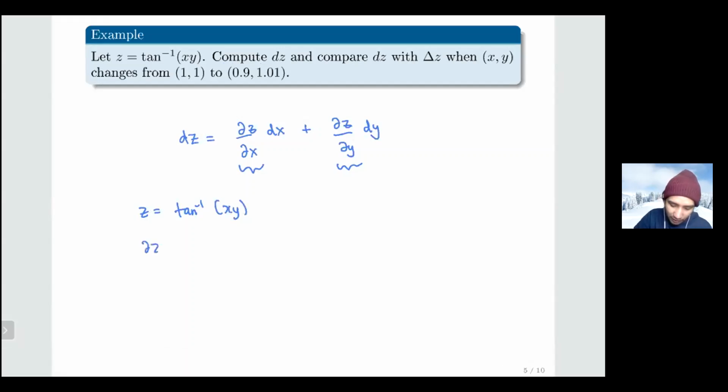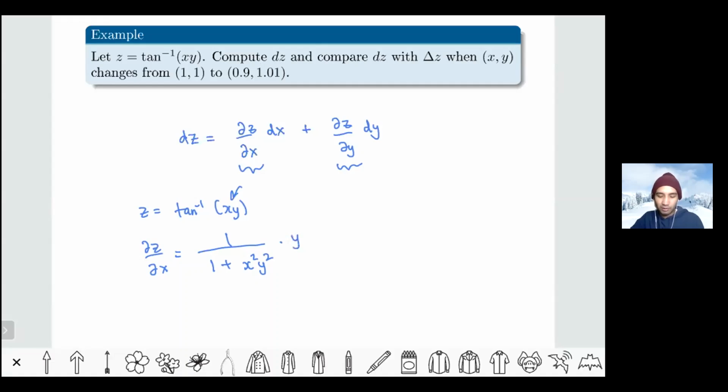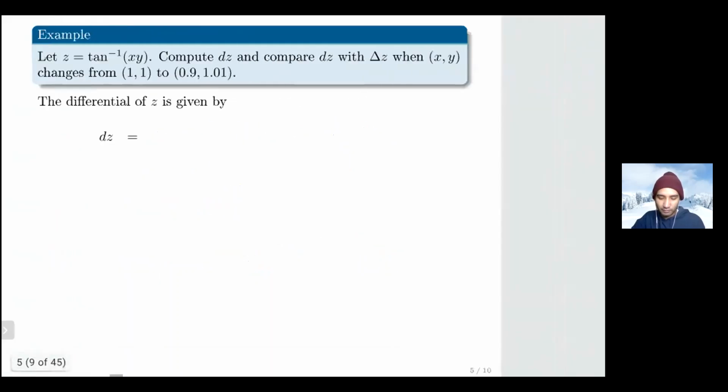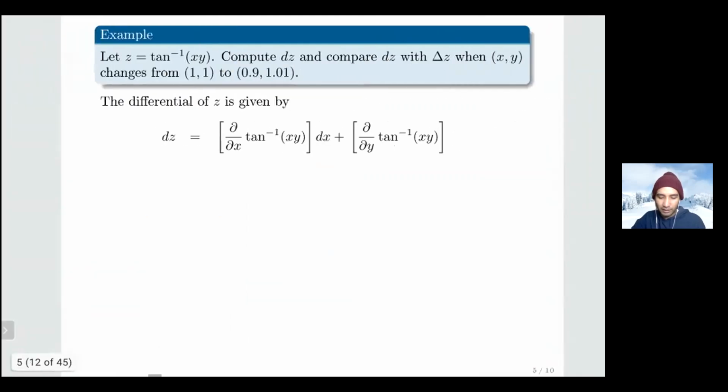So with respect to x, ang derivative ng tangent inverse ay 1 over 1 plus the inside function squared. Kasi i-differentiate mo yung inside function with respect to x. So magkakaroon ka ng y. So yung partial z partial x is equal to y over 1 plus x squared y squared. Okay, so ito yung sinasabi ko kanina.